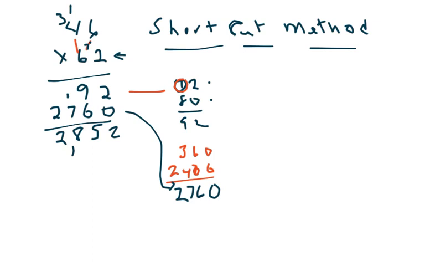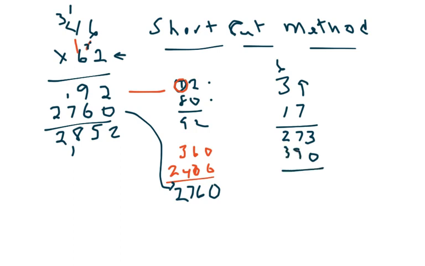One more time, suppose I had 39 times 17, shortcut method. 7 times 9, that's 63. I carry the 6. 7 times 3 is 21. 21 plus 6 is 27. Okay? Now 1 times 39, but this has a 0 because it's 10.